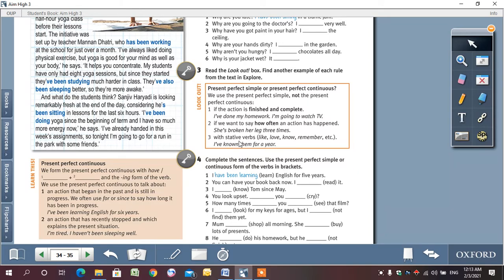So of course, the verb know is one of the stative verbs, and I cannot use it in the continuous tense. So that's why I cannot use the present perfect continuous tense with it. So we put it in the present perfect simple tense. I have known them for a year.